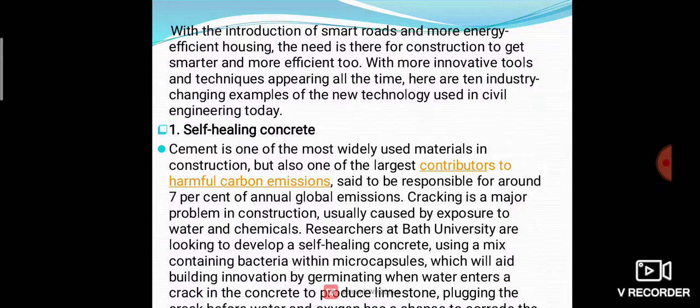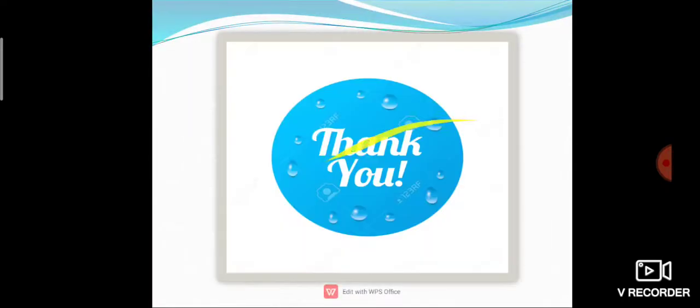With the introduction of smart roads and more energy efficient housing, there is a need for construction to get smarter and more efficient too, with more innovations, tools and techniques appearing all the time. Here are 10 industry changing examples of new technology in civil engineering today. So this is self-healing concrete, used for filling cracks. Do you get my point? This is crack filling.